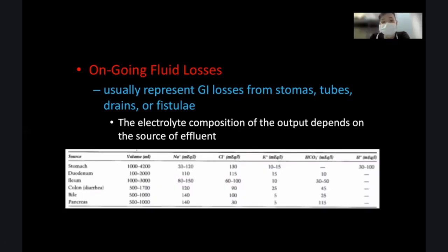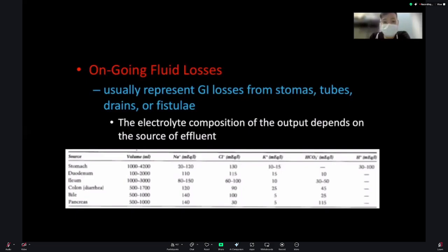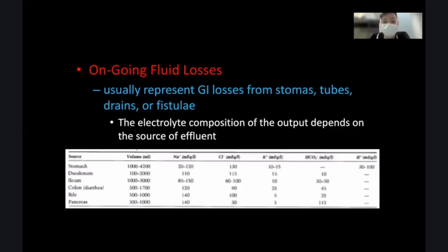Not just fluid is being lost in these instances. There's also loss in electrolytes. So the electrolyte composition of the output depends on the source of the effluent. This is a table showing how much electrolytes are being lost per volume loss depending on the source of the effluent.